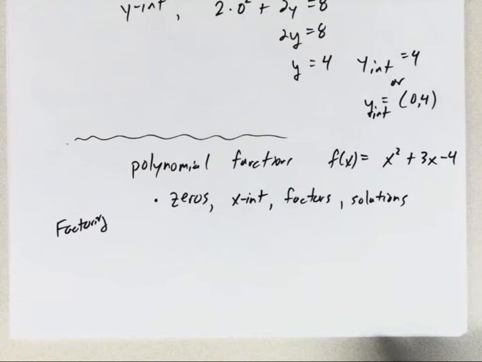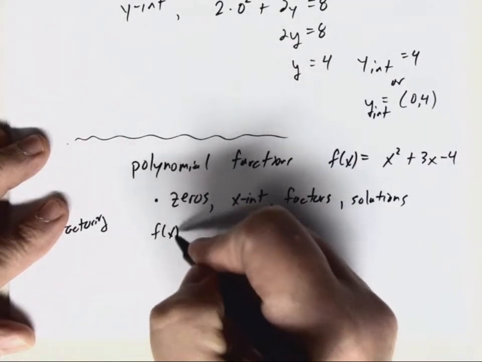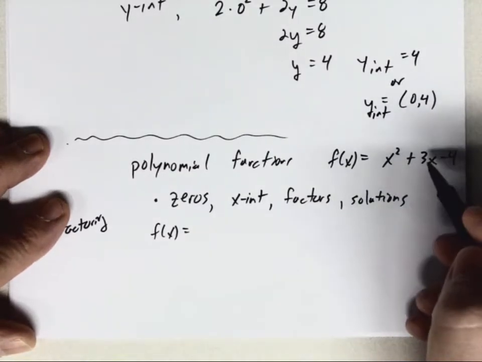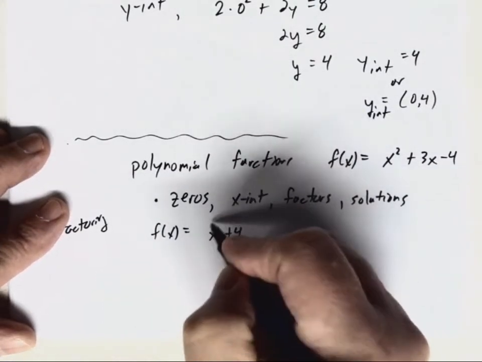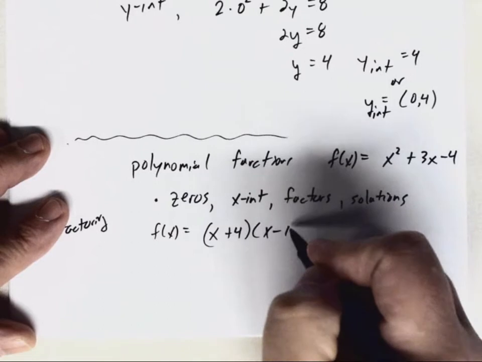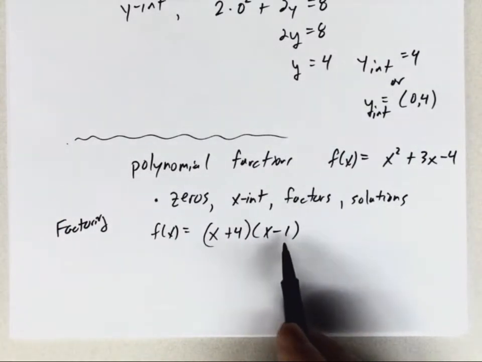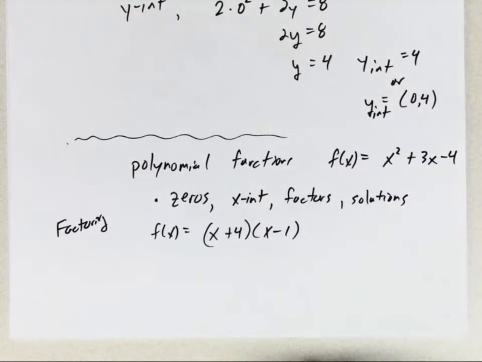So the first thing you always like to do is factor. So let's factor this right away. It turns out this is a trinomial I can factor. So once again, 2 numbers multiplied together equal -4, but when you add them equals 3. And I believe x plus 4 times x minus 1. If you multiply these two out, you get this right here.